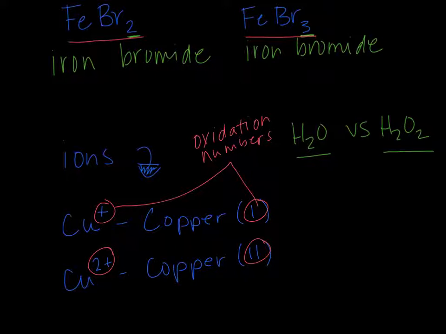Sometimes they're referred to as oxidation states. So the oxidation number for this copper is plus 1, and the oxidation number for this one is plus 2 or 2 plus. And so all we do is we write the oxidation state in Roman numerals next to the element.